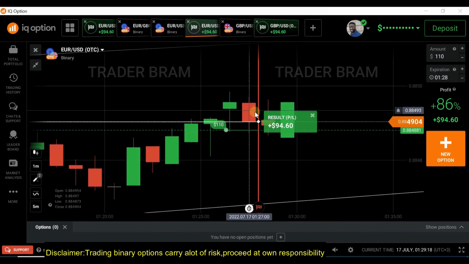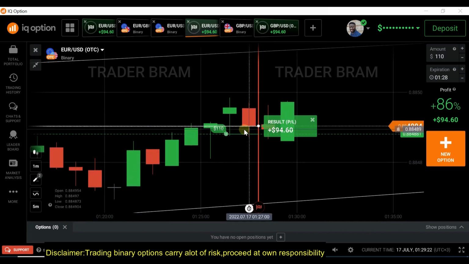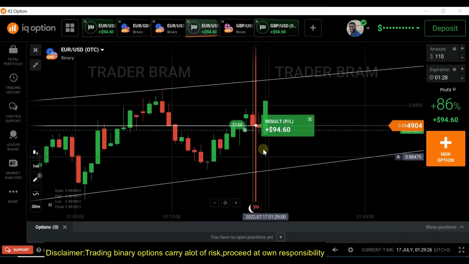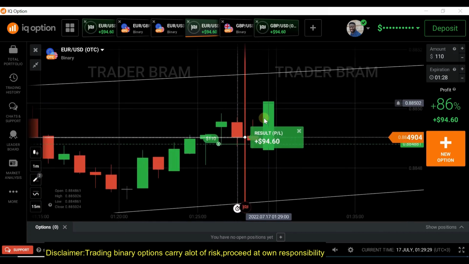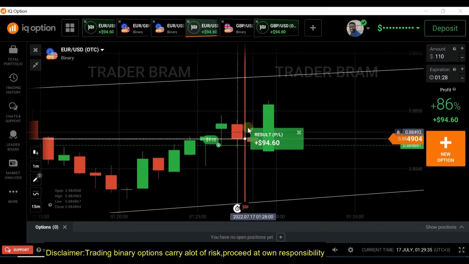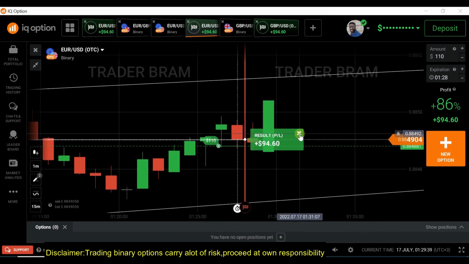We did a 2 minutes expiry period because the market condition is not good. Just to be on the safe side, analyze also the market condition before you trade. Eventually the market is coming to this upper trend line, but we have a few retracements on the way. You need to consider that.